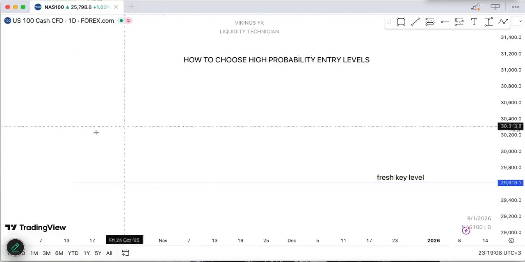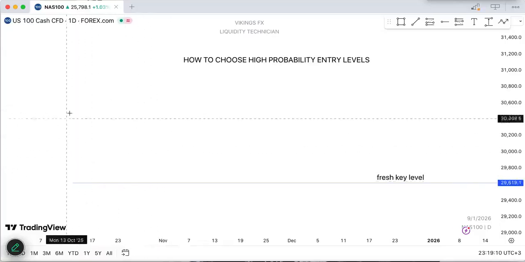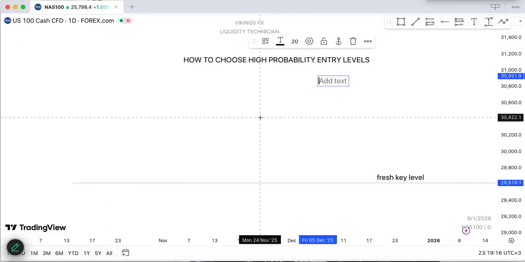Then the next thing, on that very time frame, we need to have a rejection. Okay, hold on. Let me list them down here very quick. A fresh key level, a rejection, a time frame lower breakout.